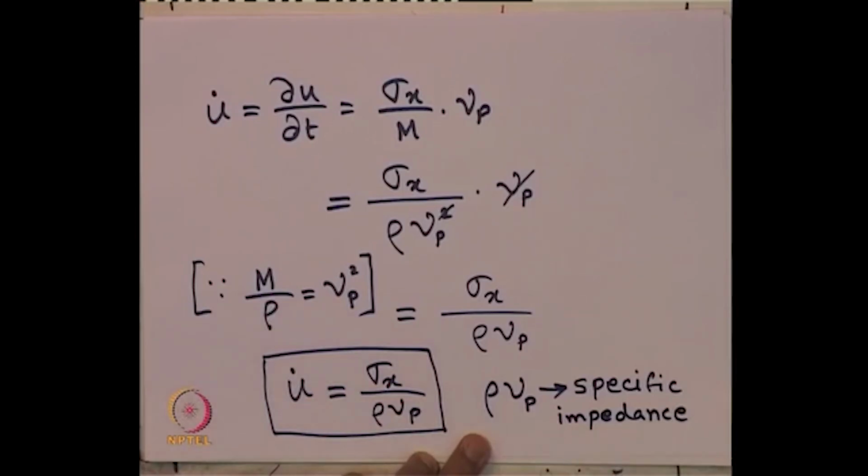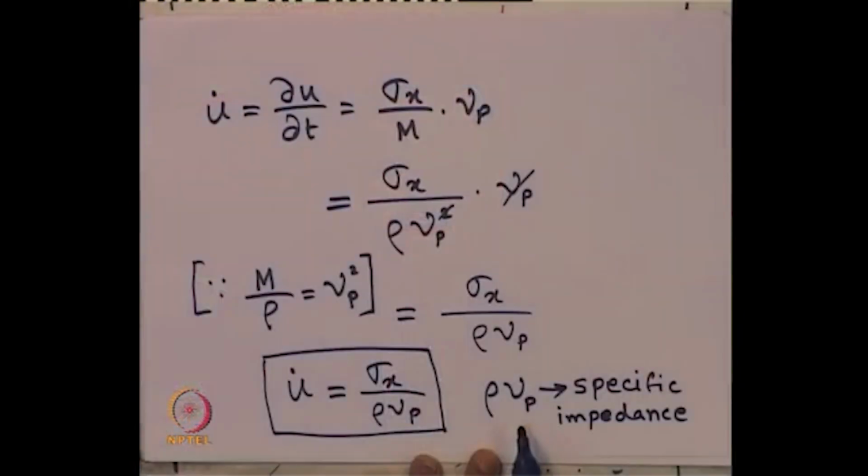So, what is defined as specific impedance then? Specific impedance is nothing but the multiplication of the density of the material with the velocity. In this case, it is the P wave velocity or primary wave velocity. So, that decides the specific impedance.